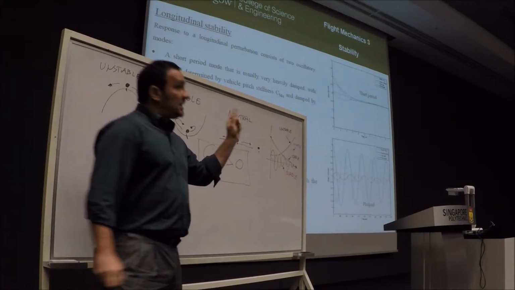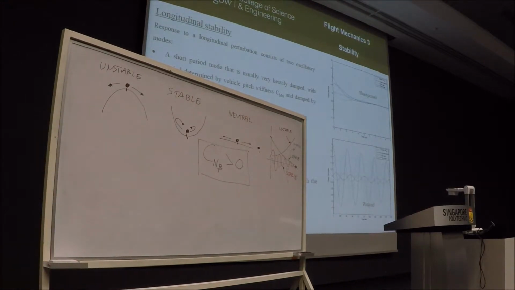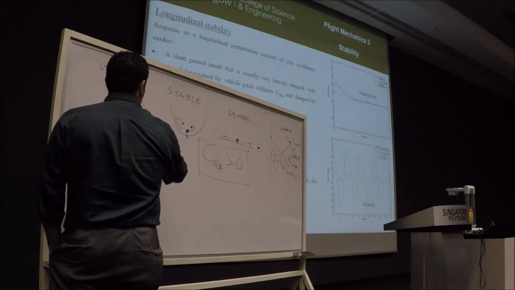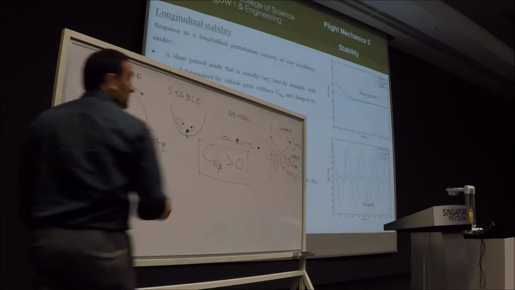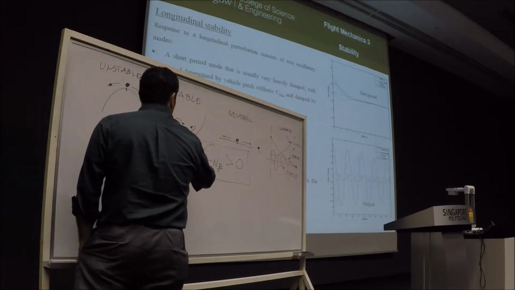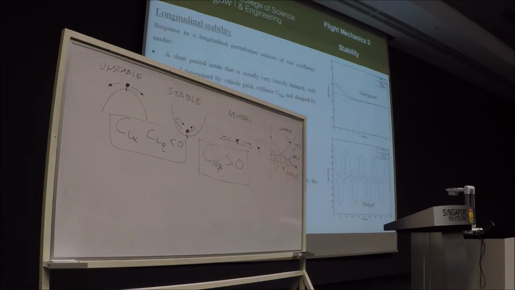So when we did the worked example in class, we saw that we derived CL alpha and CL cube. Okay? And these have to both be negative to support, to help with the stability of the aircraft.